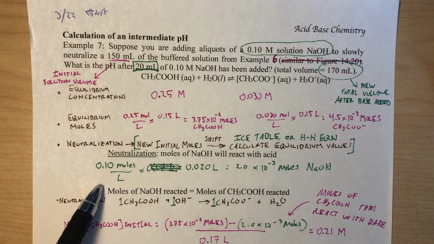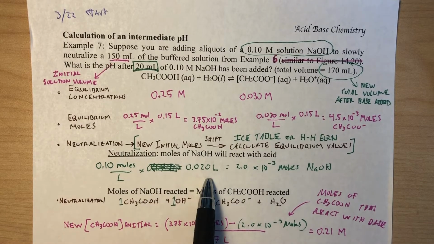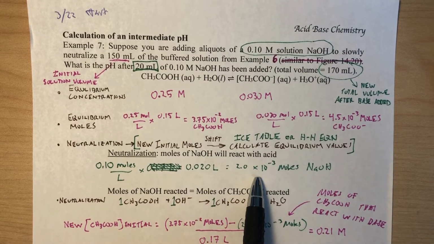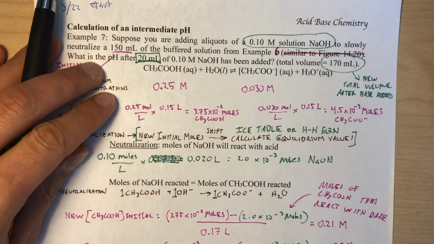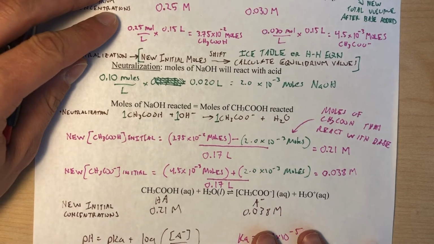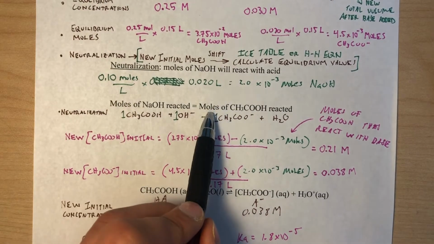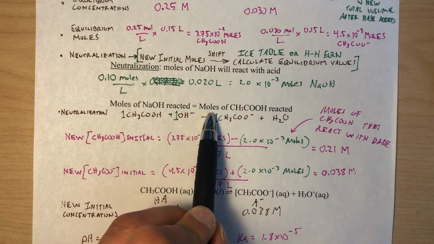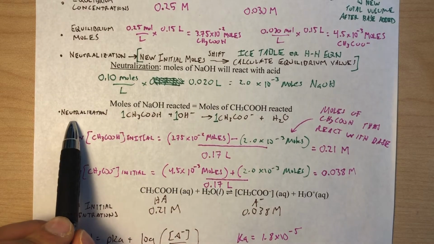So we can take 0.1 moles per liter multiplied by 0.020 liters, and we find that we have 2.0 times 10 to the negative third moles of sodium hydroxide reacting. The moles of sodium hydroxide that react are equal to the moles of acetic acid that react, because it's a neutralization reaction.